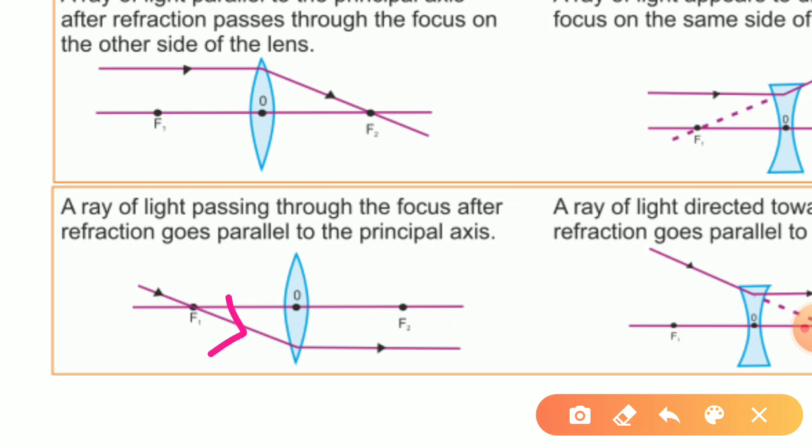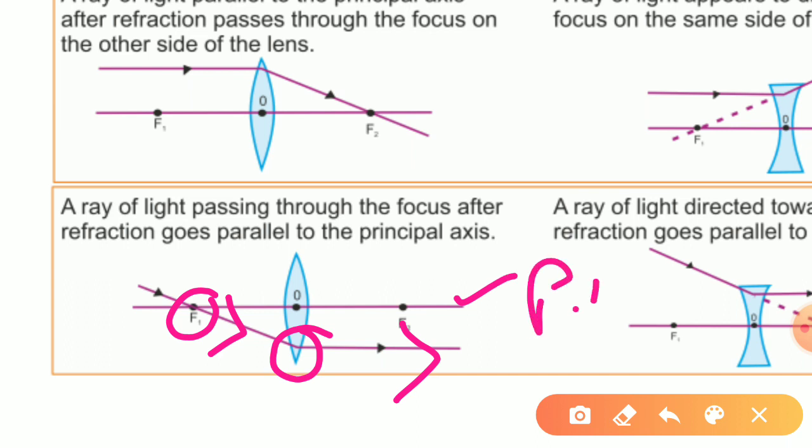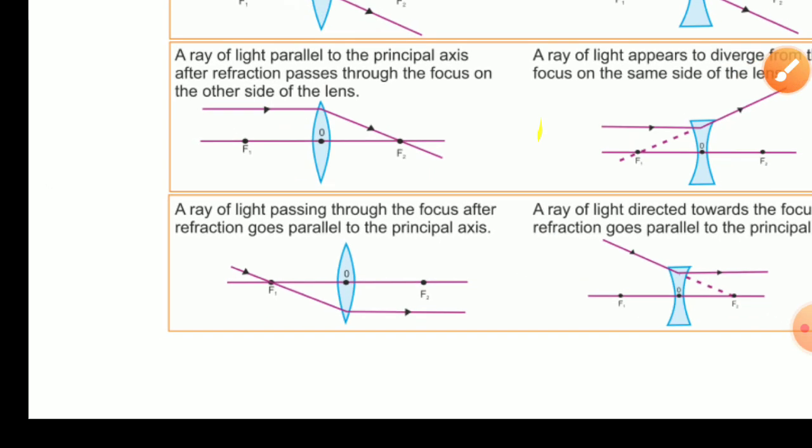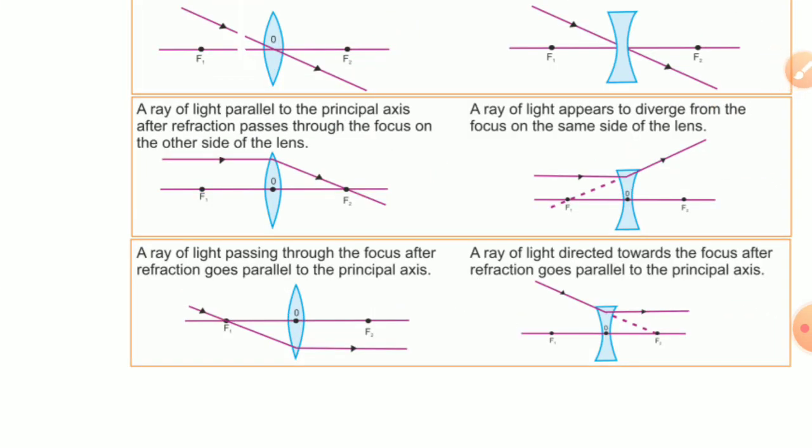A ray of light passing through the focus, after refraction from the lens, becomes parallel to the principal axis. So these are the three special rays in the case of a convex lens. A ray of light passing through the optical center will go straight without any deviation. Rays of light parallel to the principal axis, after refraction, pass through the focus. A ray of light passing through the focus, after refraction, becomes parallel to the principal axis.